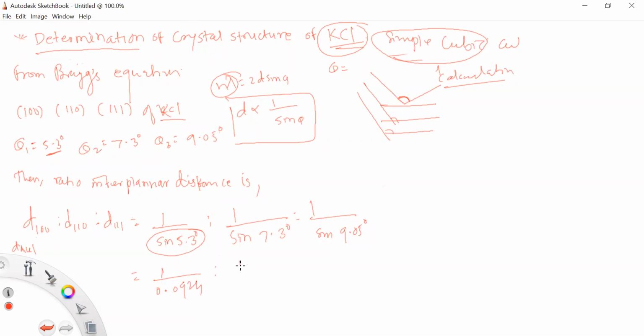In this way, similarly, when you calculate the sine 7.3 degree, that is 0.1271, and 1 upon sine 9.05, it is 0.157. So once we get these values, we can easily calculate this one, and it comes to 1.